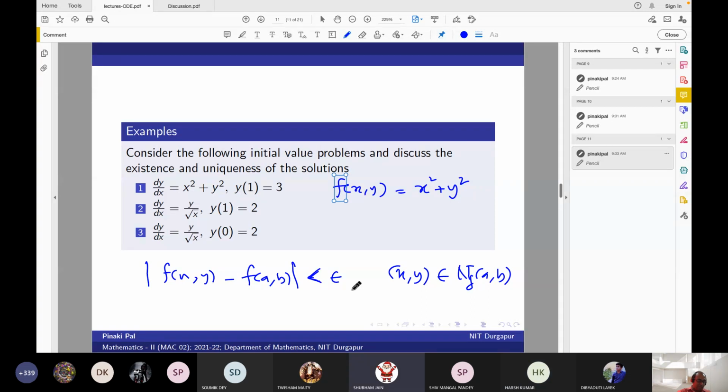Taking some values of x and y. Yeah, so numerically we can take a grid. For example, we are interested in a finite portion of the plane, and we can take a very fine grid of that portion, and at each grid point we can calculate the value of the function.